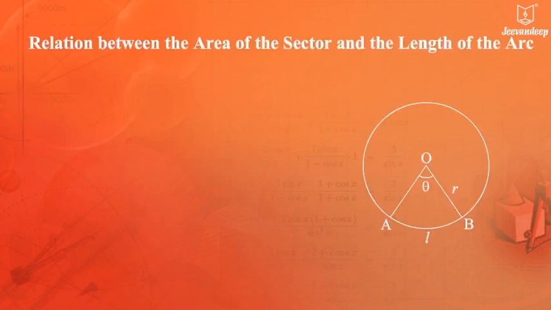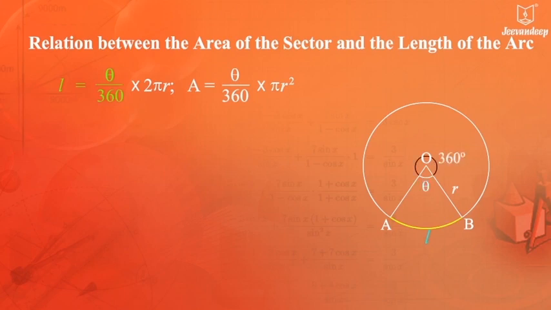Relation between the area of the sector and the length of the arc. L, that is, length of arc, equals theta upon 360 multiplied by 2 pi r, and A, that is, area of the sector, equals theta upon 360 multiplied by pi r square.